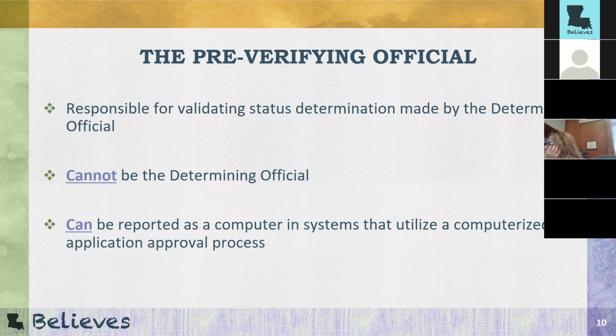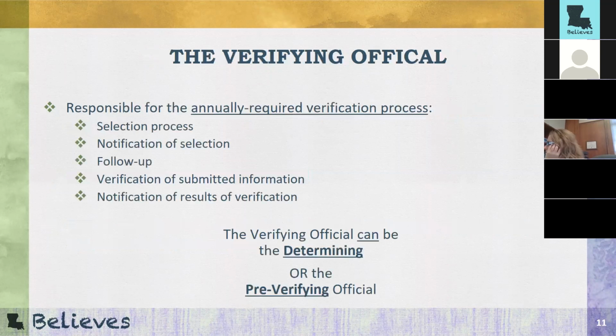This person may not be the determining official. However, the pre-verifying official can be reported as a software program that has the ability to check and approve applications. Collection officials are recorded annually in the CMP online application process.